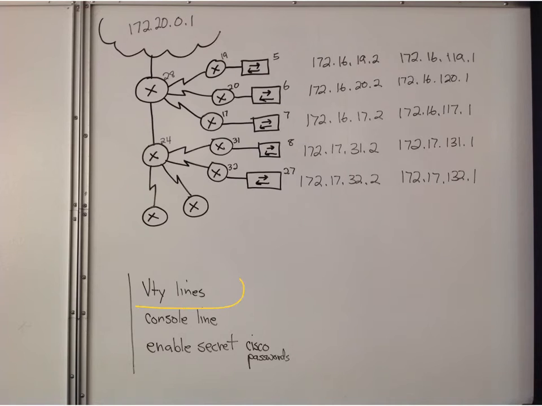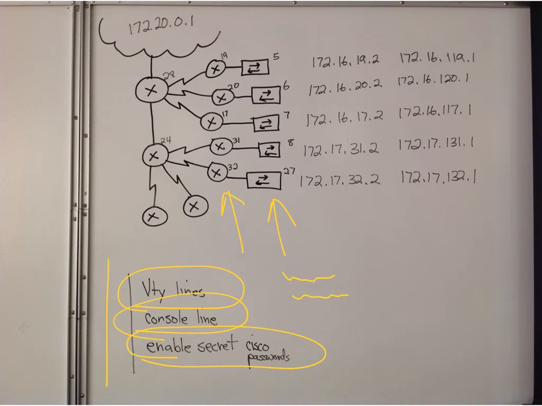What we did today is we configured VTY lines, console lines, and enabled an enable password on our routers and our switches. I think we had 3 of them working and 2 of them have some issues, so I'll take a look at those. There's lots of information in the curriculum on how to do this. For the switches, these were the Ethernet ports in the router.